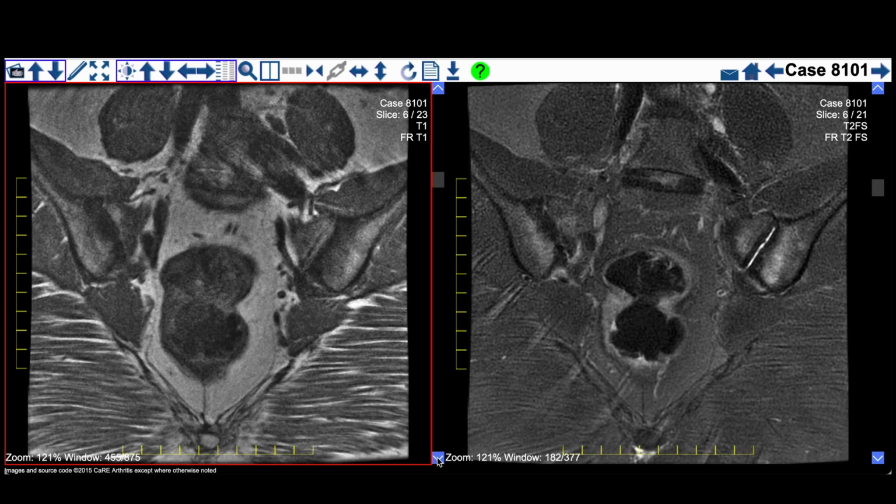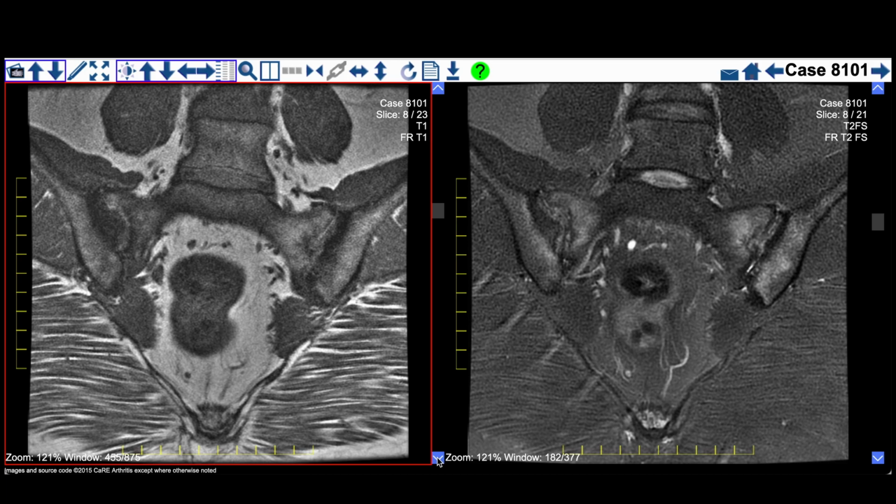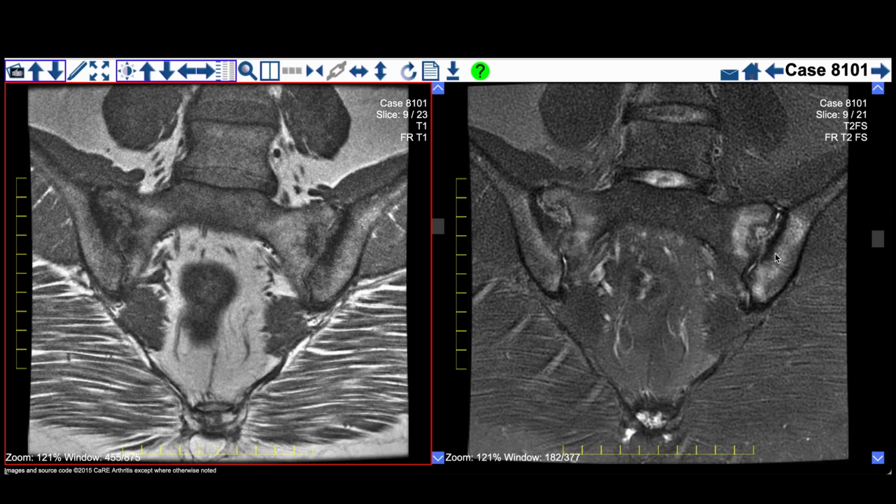And as we scroll from anterior to posterior slices, we see that this patient has bone marrow edema in the left iliac and sacral bones, the right sacrum, and the right ilium. But what we also see is that this patient has evidence of erosion.